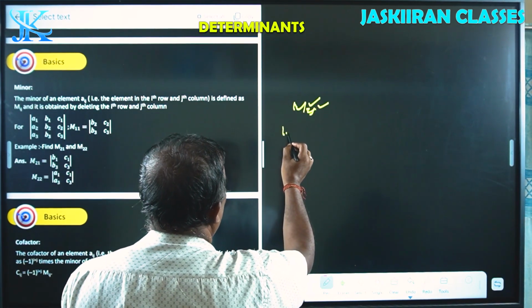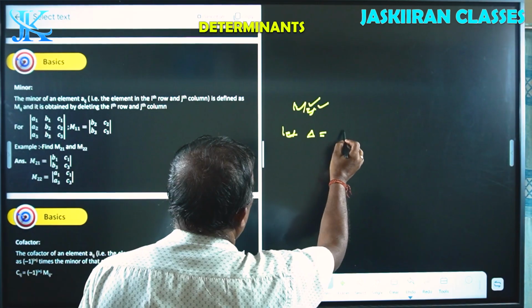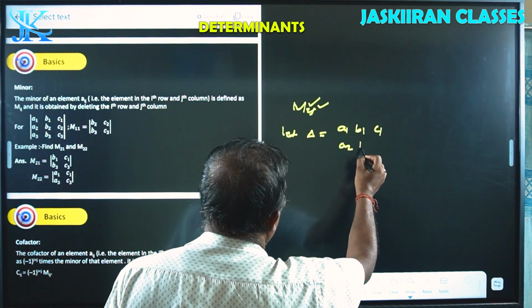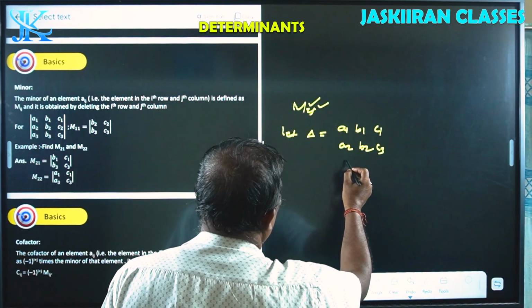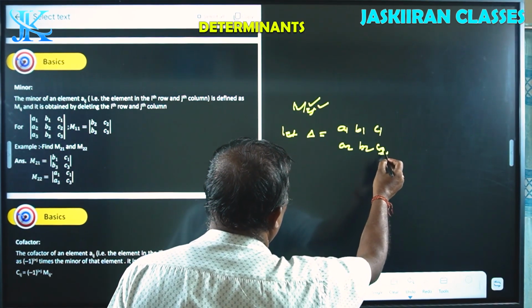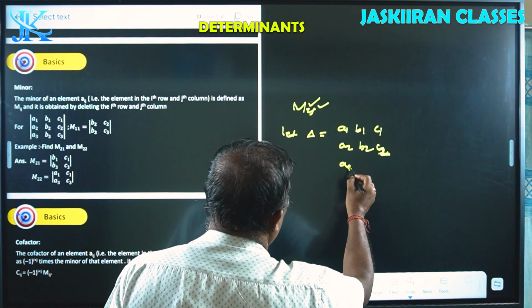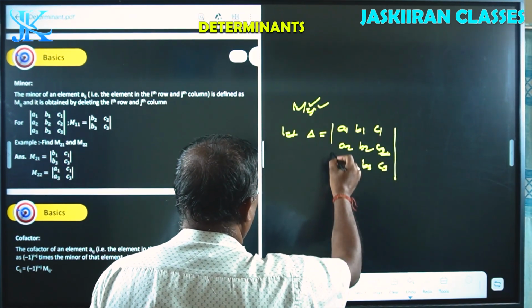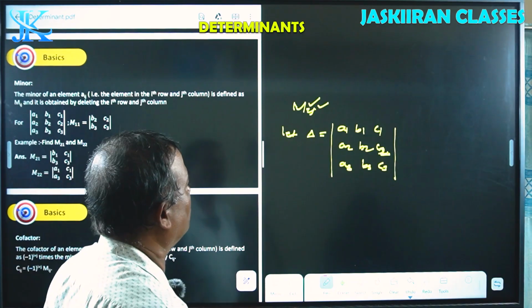Let del is equal to A1, B1, C1, A2, B2, C2, A3, B3, C3. So how to get the minor?